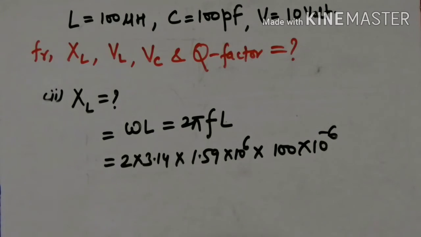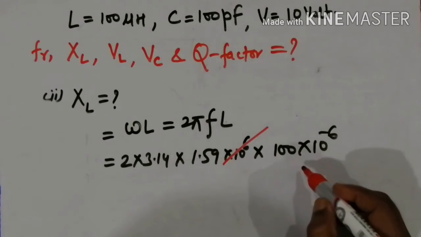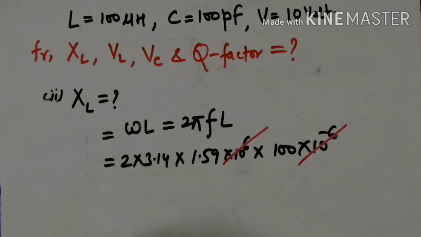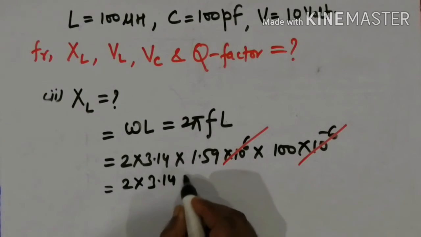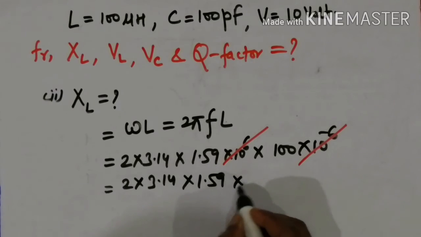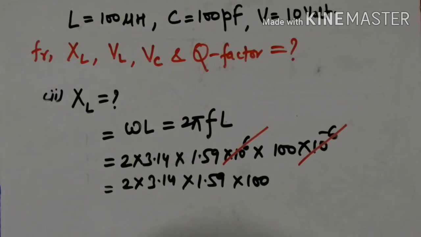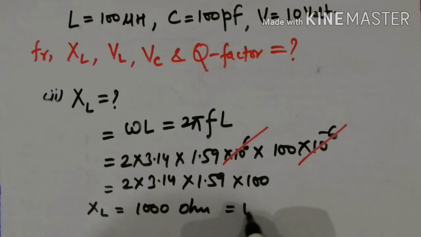Right? This will be cancelled out by this one and it becomes only 2 into 3.14 into 1.59 into 100. Right? And this value is 100 into 10, it is 1000 ohm. So the value of inductive reactance is 1000 ohm.